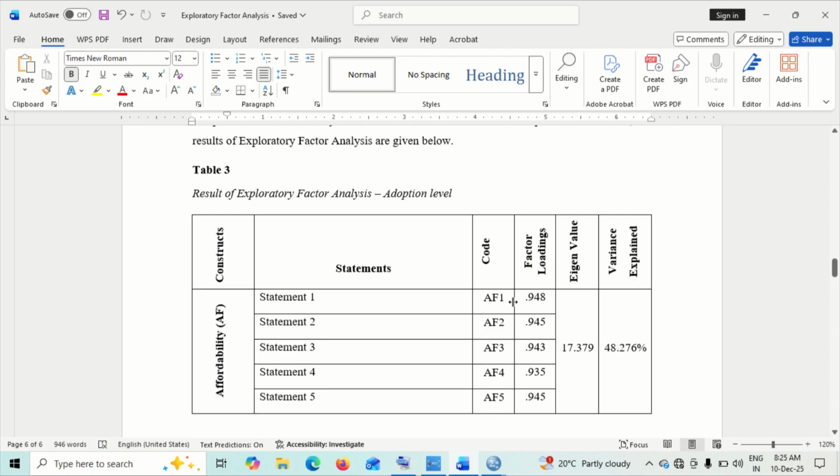The factor loading of the first statement is 0.948, the second is 0.95, the third is 0.943, the fourth is 0.935 and the last statement is 0.945. The eigenvalue of this component is 17.371, which is greater than 1.